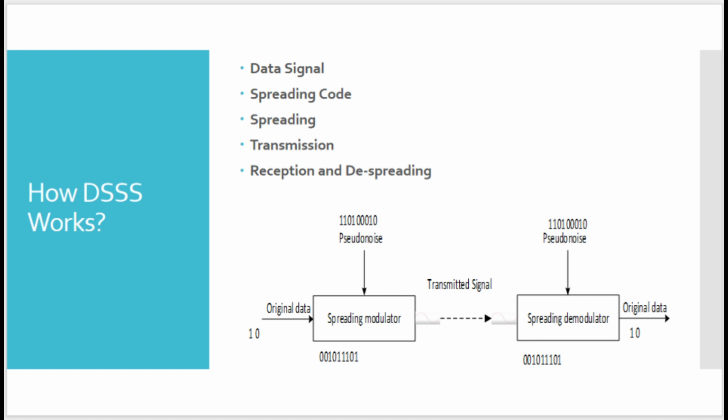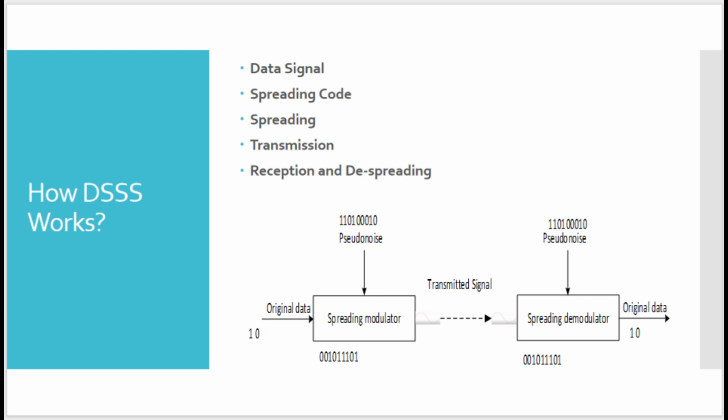And for the transmission, the spread signal is then modulated on a carrier frequency and transmitted over the air. This wideband signal appears as noise to an unintended receiver without the correct PN sequence.